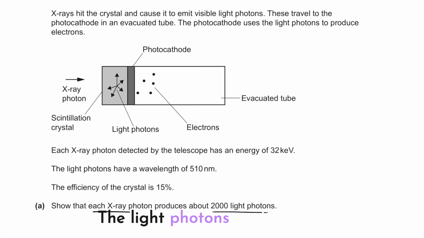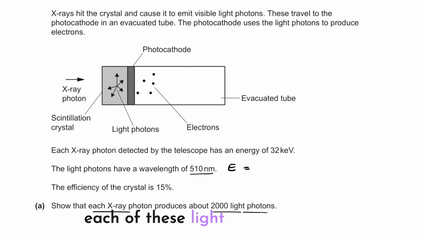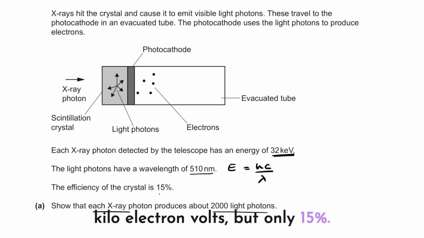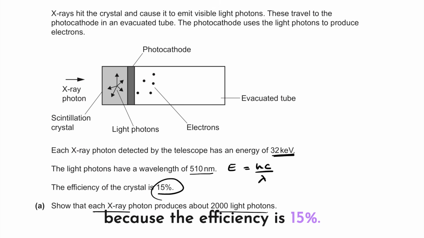The light photons each have a wavelength of 510 nanometers. So we can work out the energy of each of these light photons, which is given by hc over lambda. Each X-ray photon detected by the telescope has an energy of 32 kilo electron volts, but only 15% is actually accepted by the crystal because the efficiency is 15%.